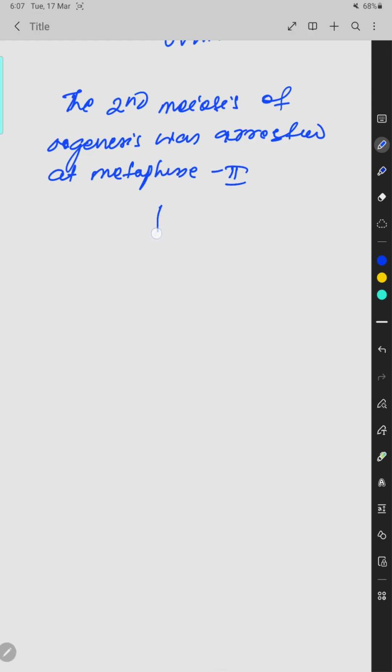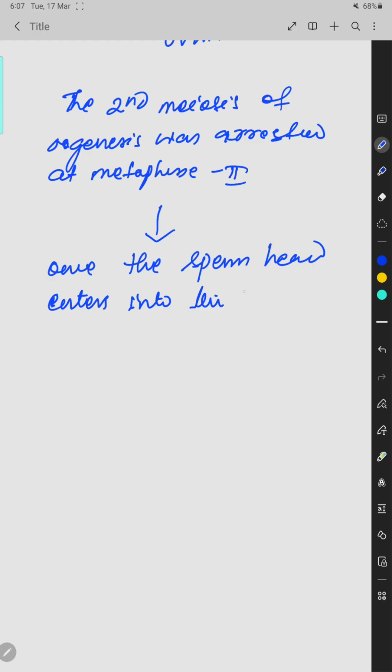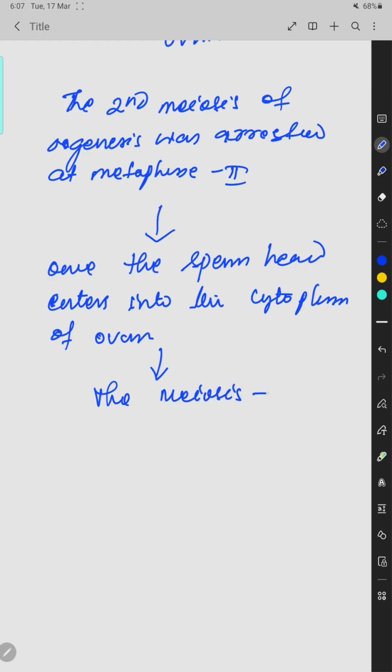Now, once the sperm head enters into the cytoplasm of the ovum, then what happens? The second meiotic division, meiosis 2, is completed.